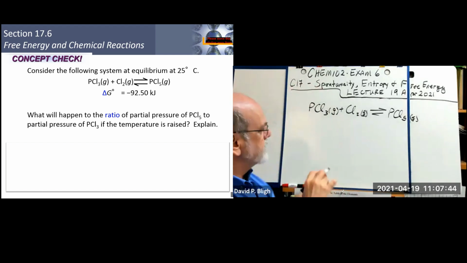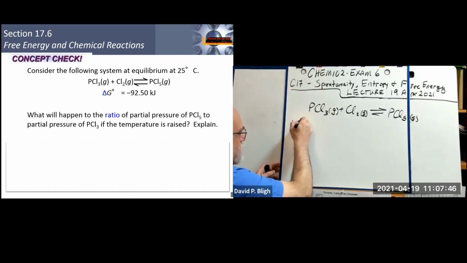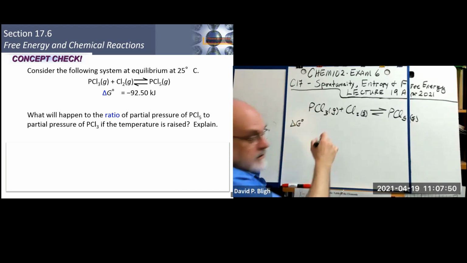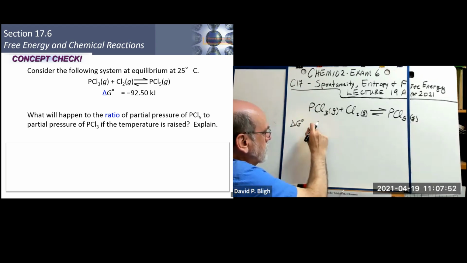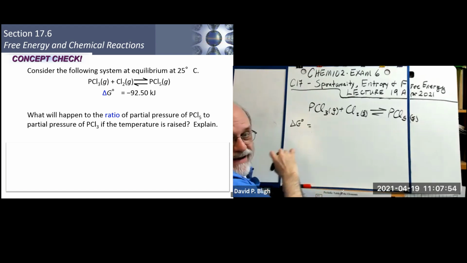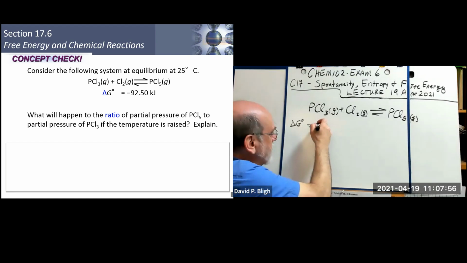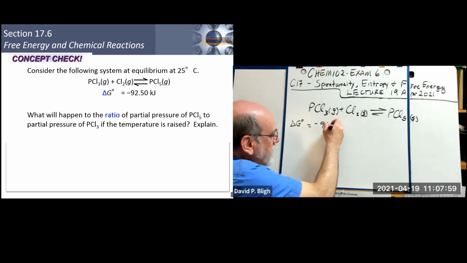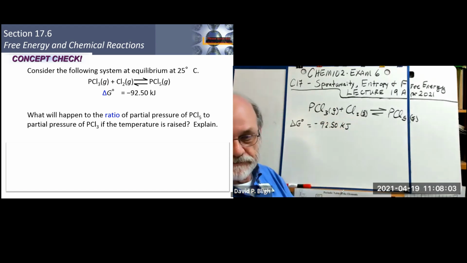And the delta G is given. Delta G 0, standard conditions, is equal to minus 92.50 kilojoules. So what does that mean?